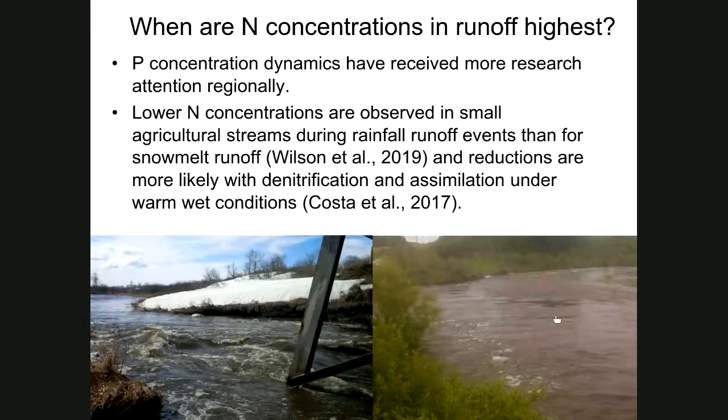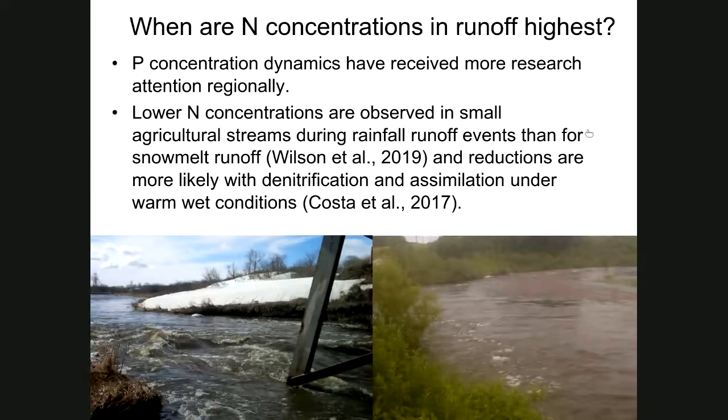I think it's fair to say that phosphorus concentration dynamics, at least at this scale in streams, have received more research attention regionally. But that said, nitrogen concentrations have been observed in agricultural streams during rainfall runoff events.